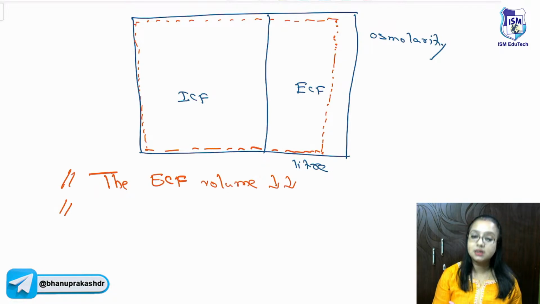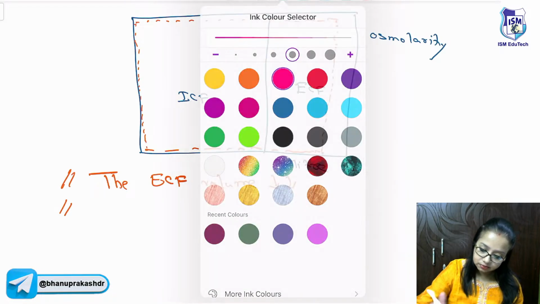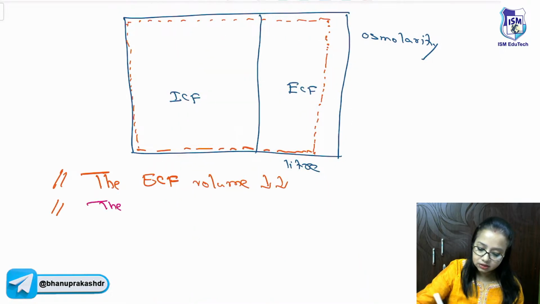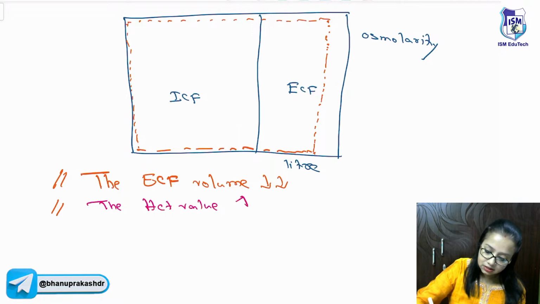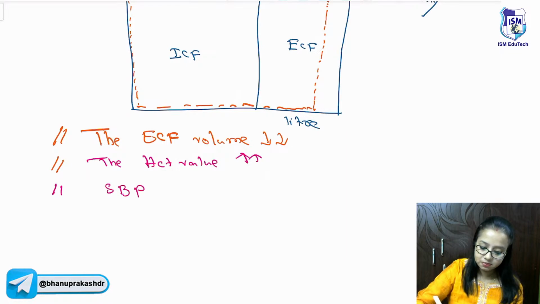The blood cells are now more compared to the water portion. The hematocrit value increases, and since the ECF has decreased, the systolic blood pressure also decreases. These are the changes that will happen.